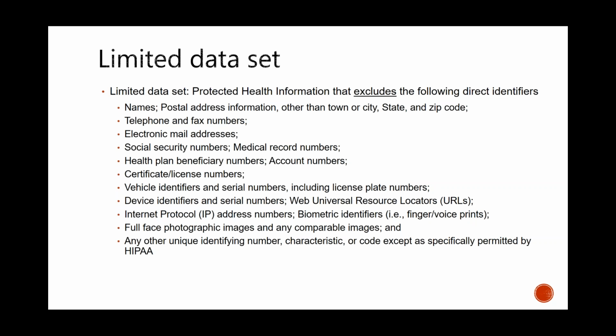Just for a quick recap, a limited data set is a data set that excludes the following direct identifiers. So it excludes names, postal addresses other than a town, a city, a state, or a zip code.